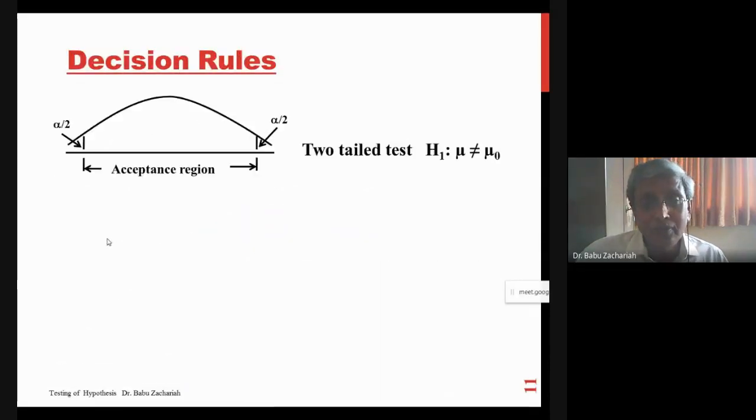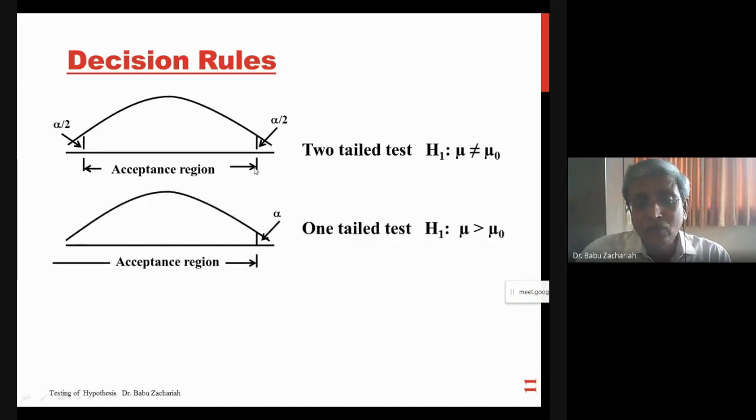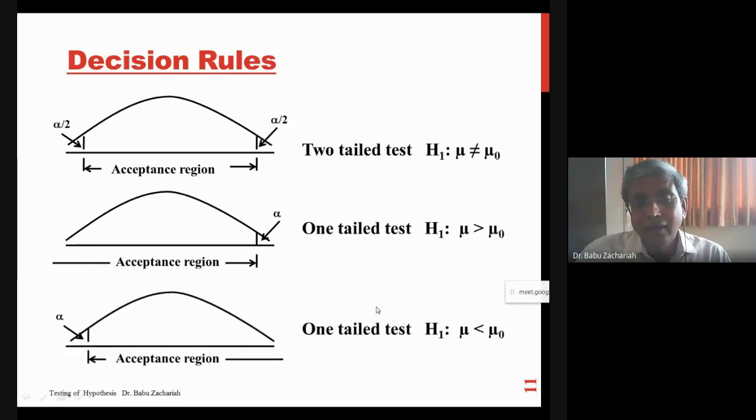Now decision rule. Say if it is a two-tailed test, like mu not equal to mu naught, then alpha is divided by 2, there will be 2 rejection regions, critical regions. If it is a one-tailed test like this, mu is greater than mu naught, only the right tail will be there. So this will be the rejection region, the rest is acceptance. And mu less than mu naught, if it is there, then we are concentrating on the left tail.